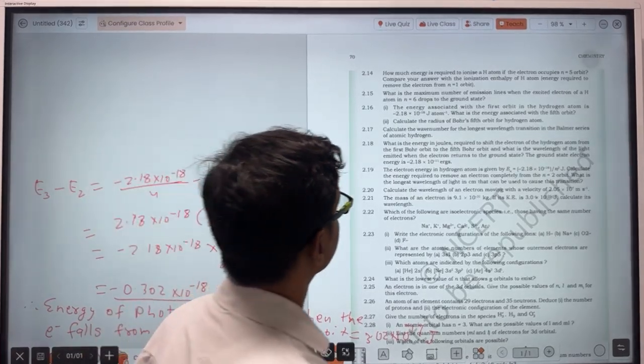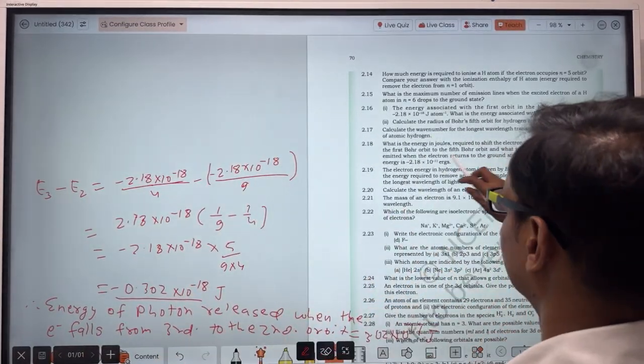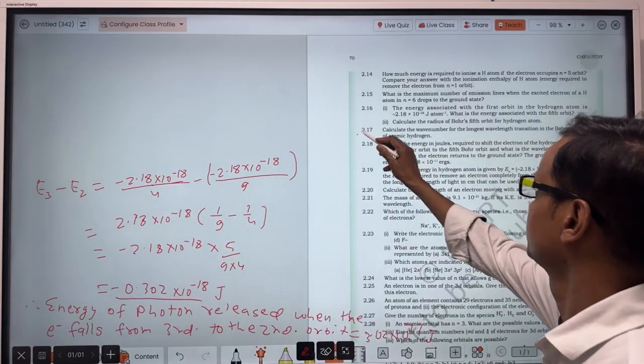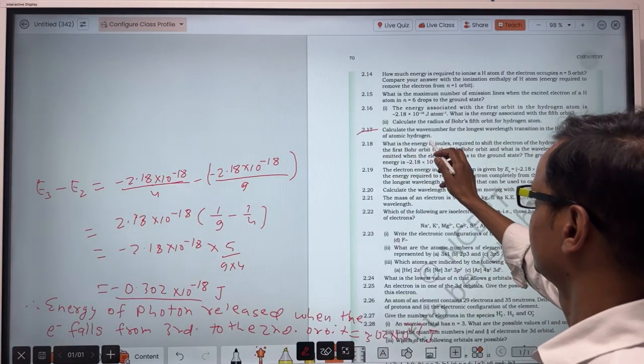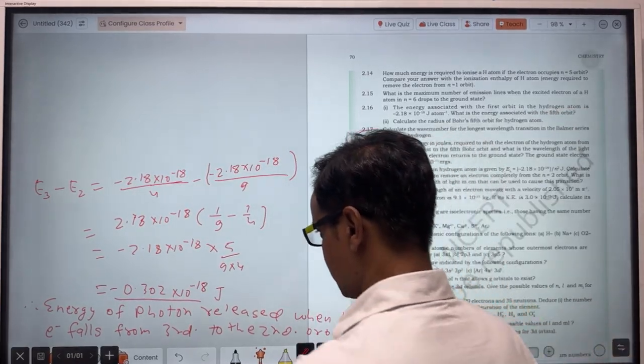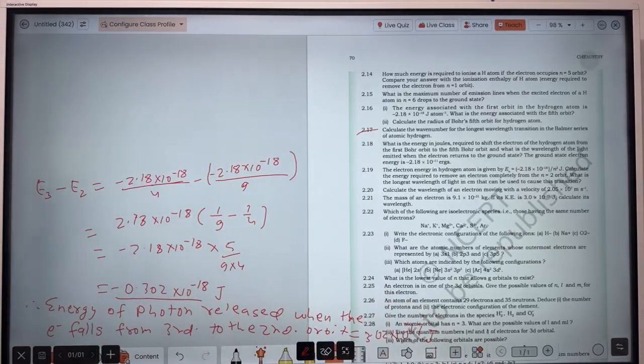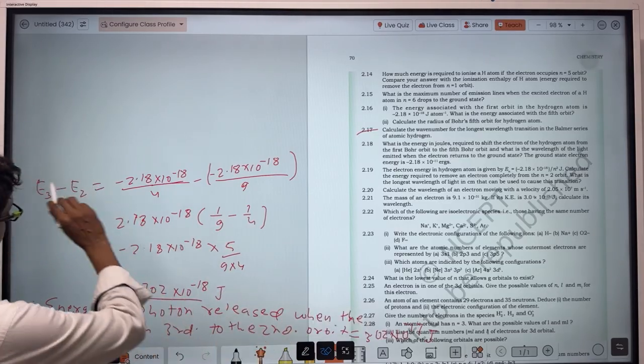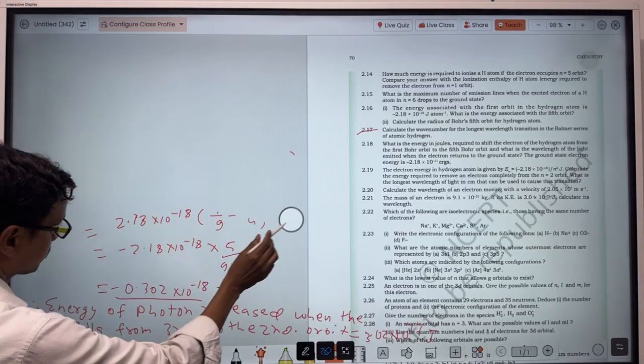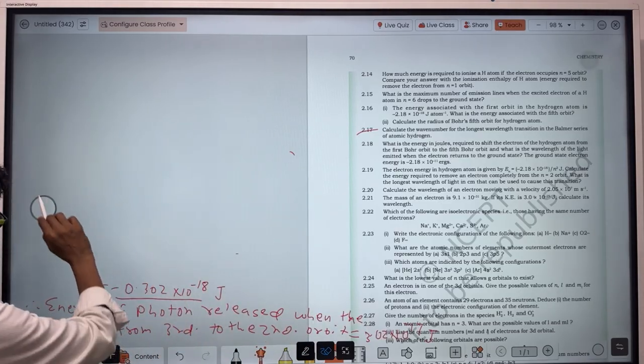And you have to find out the wave number for this question. The wavelength, you know already, E equal to hc upon lambda. So the energy of the photon is that much.